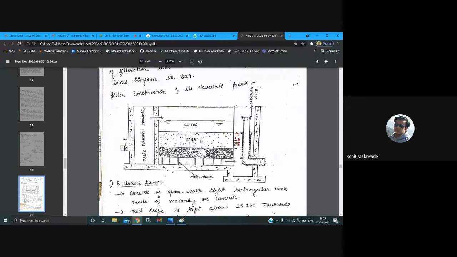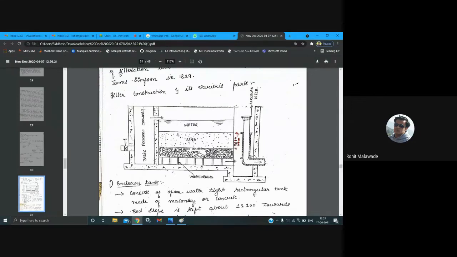Then the water is going to pass through this sand layer, and then through the gravel layer. In sand also, we are going to have a classification: very fine sand, medium sand, and bit larger sand, kept in terms of layers.